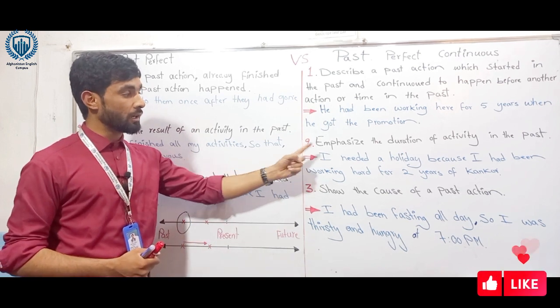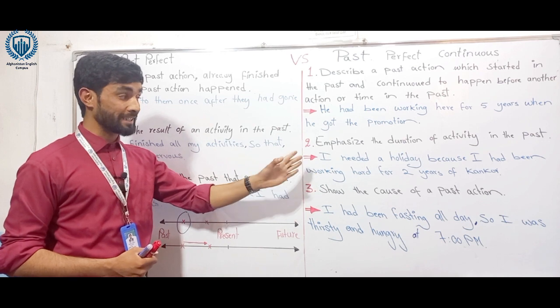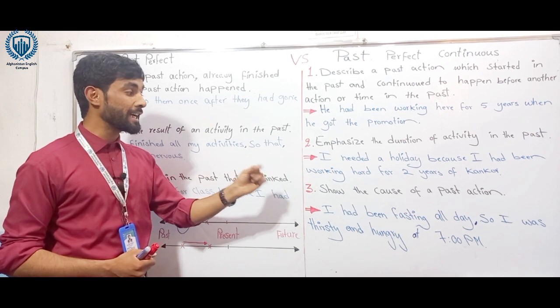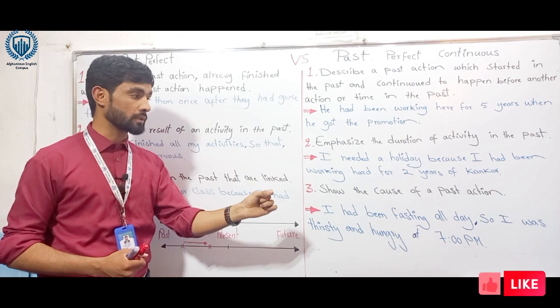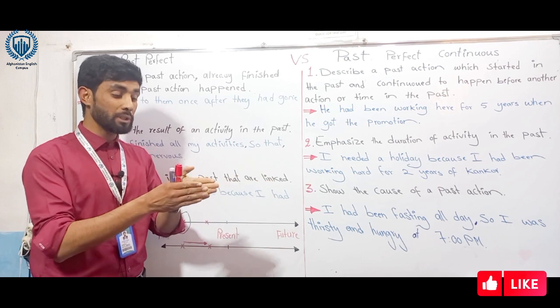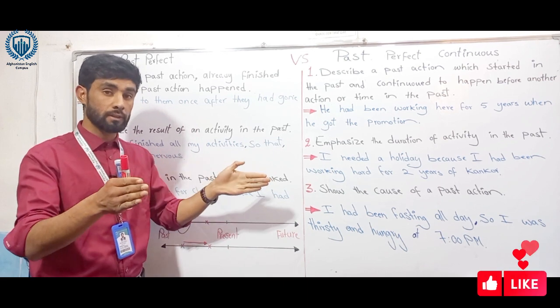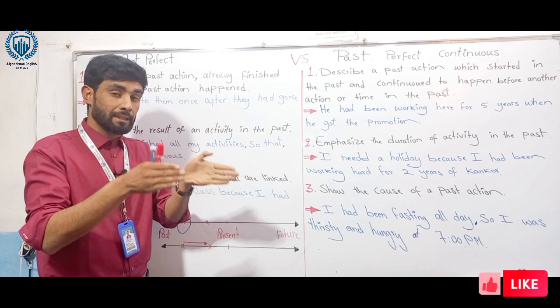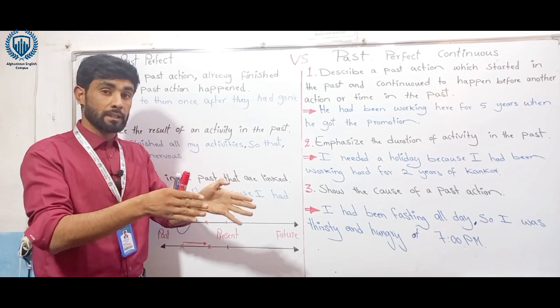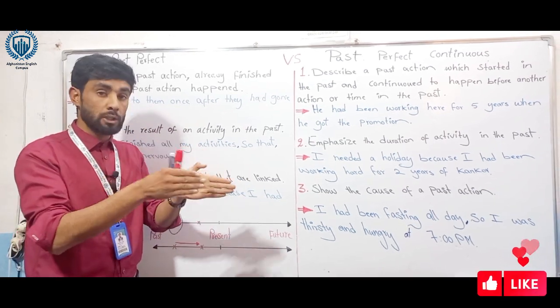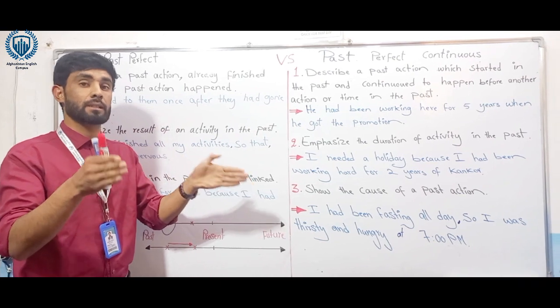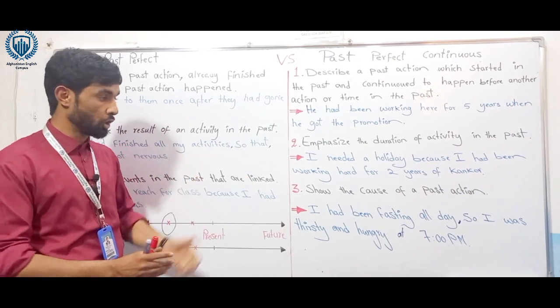So I needed a holiday because I had been working hard for 2 years of Kankur. Two years is a period of time. My sentence emphasizes the duration of my 2 years of Kankur preparation. Hope it's clear.